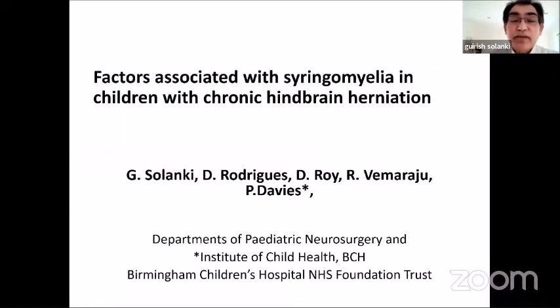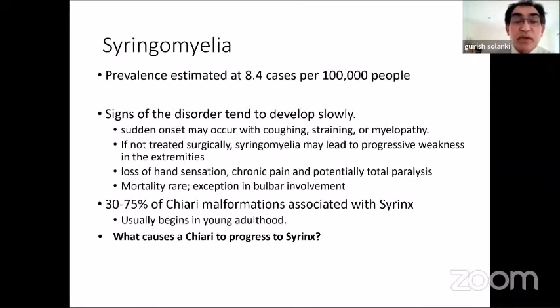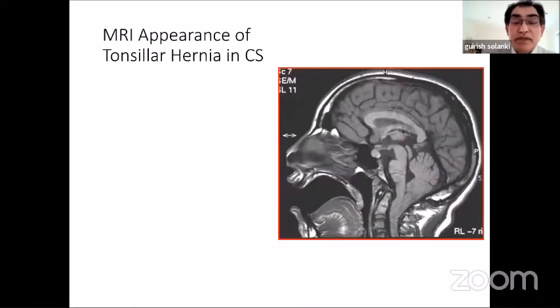So when we look at the factors associated with syringomyelia in children with hindbrain hernia, because not all children with Chiari will develop a syrinx, but there is a subgroup. And what we identified is that when you look at the appearance of the Chiari, it's very different in children who have syringomyelia.